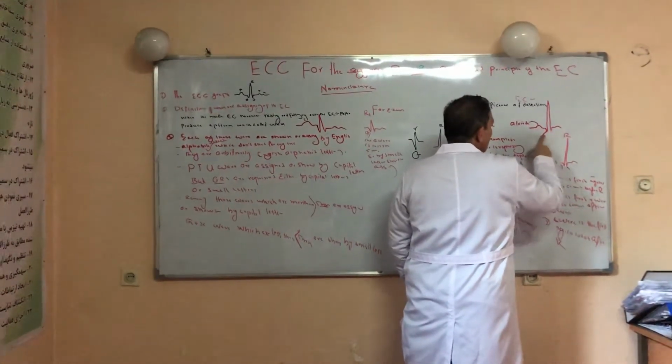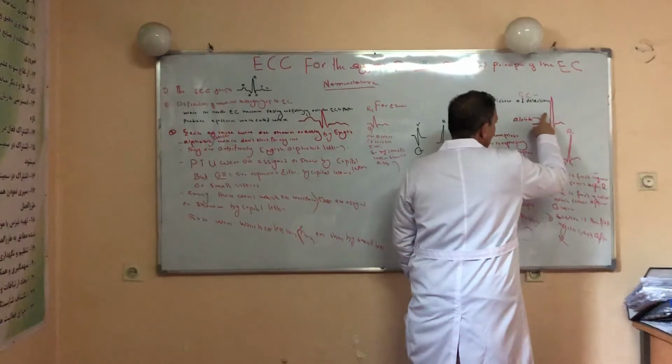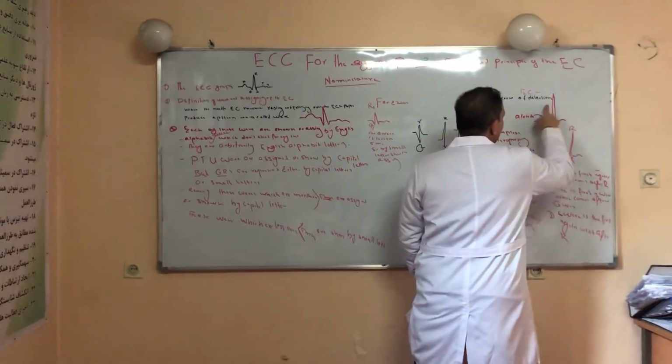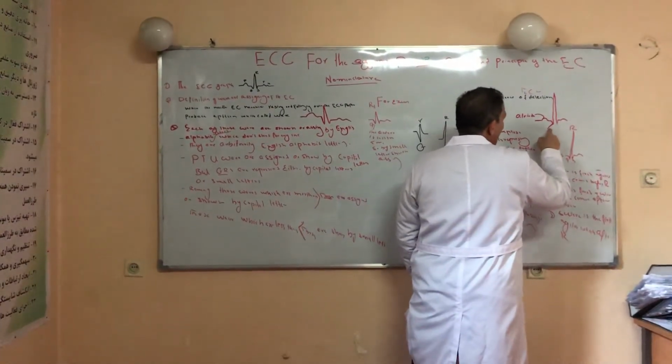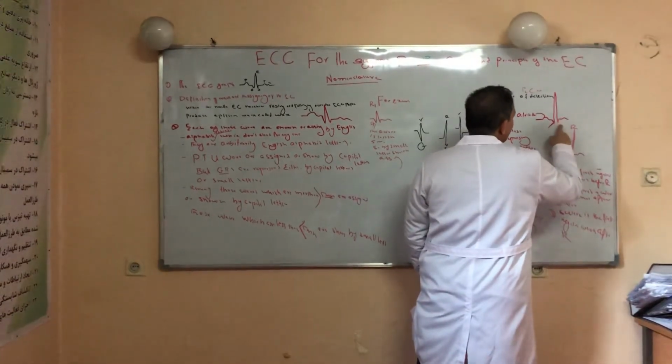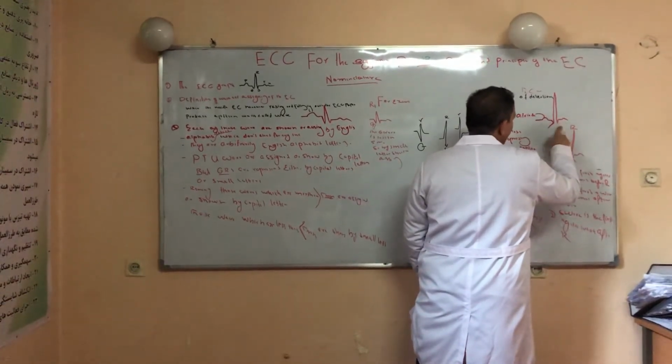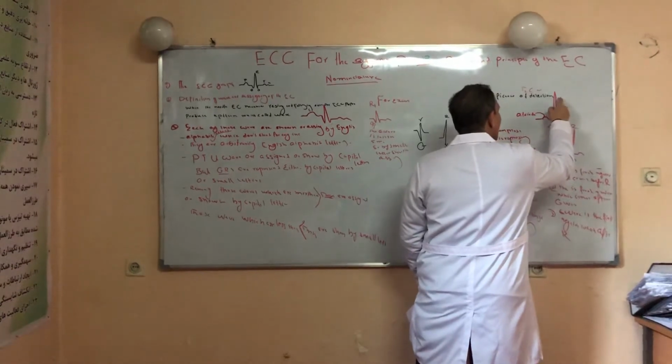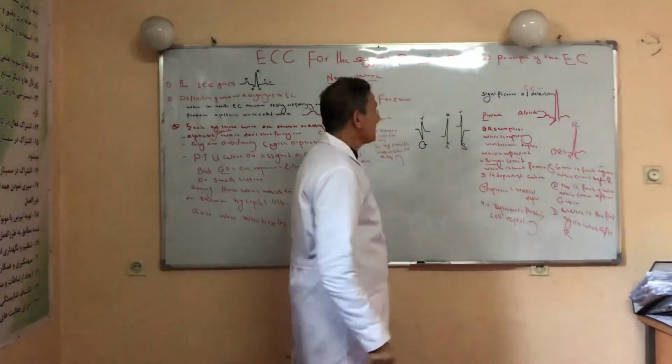The Q wave is a wave which comes before the R wave, and the R wave comes after the Q wave, and the S wave is the first wave which comes after the R wave.